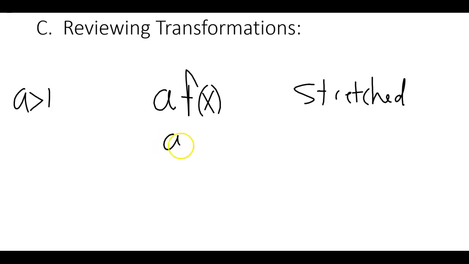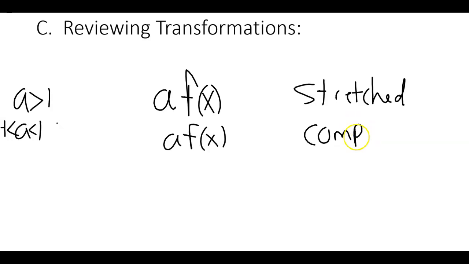If you are multiplying by a, and a is a number that's between -1 and 1, in other words, it's like a fraction value, then in that case, your graph gets compressed. It'll look flatter. Okay, so let's say that f of x is something that looks like this.